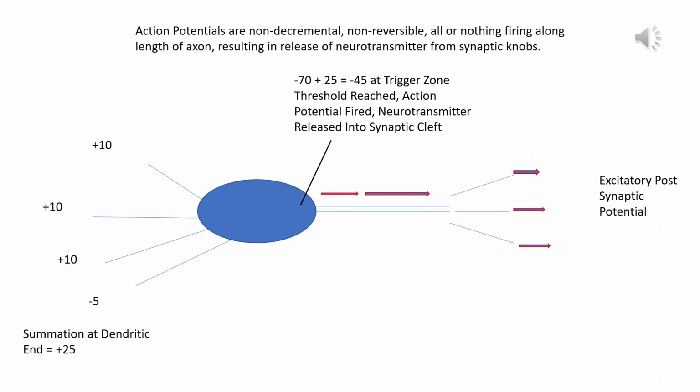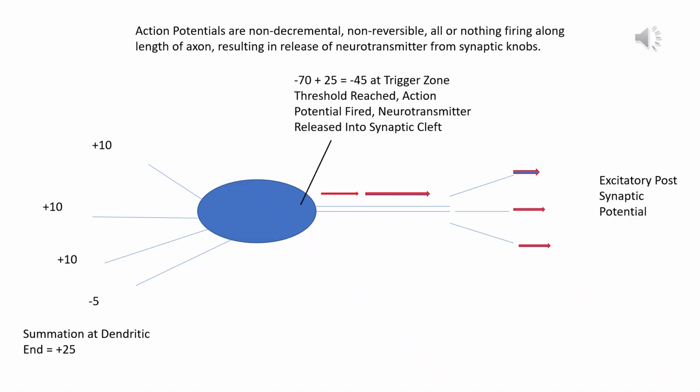In this particular example, the incoming stimuli, we have a plus 10, plus 10, plus 10. That is sodium gates opening up, so the depolarization due to those incoming stimuli is plus 30.